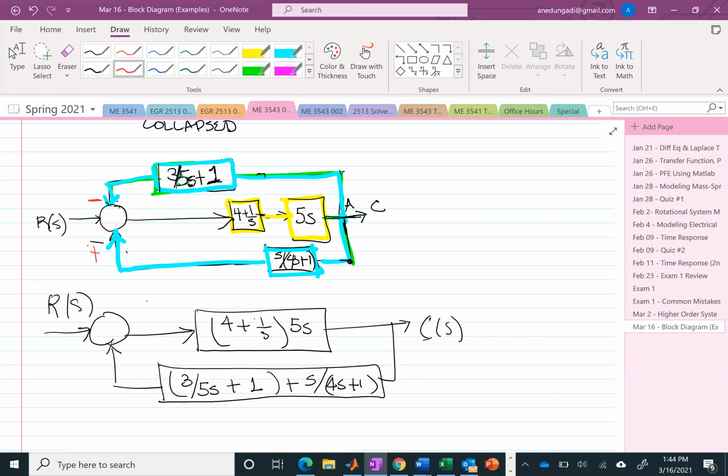Then remember I'm saying this is a negative. So you have negative 3 over 5s plus 1. And if this is a plus, then this would become negative. Tony, is that clear? Because you have negative s over 4s plus 1 multiplied by minus 1, that gives you positive s over 4s plus 1. Is that clear to you, Tony?